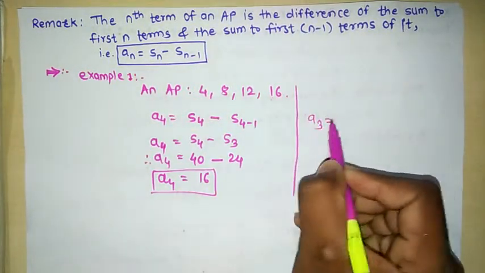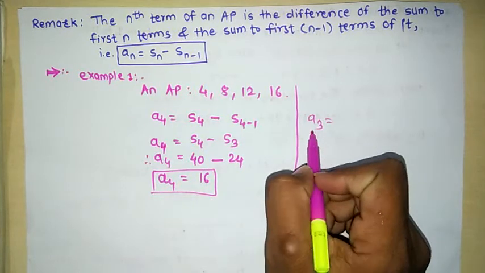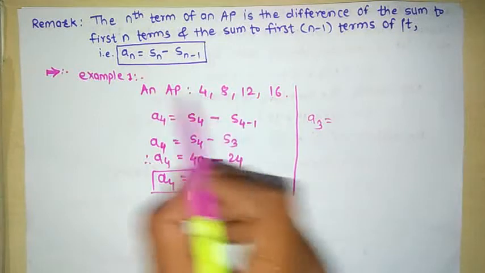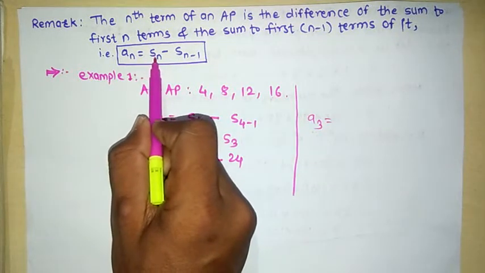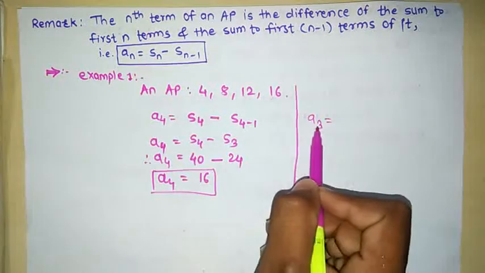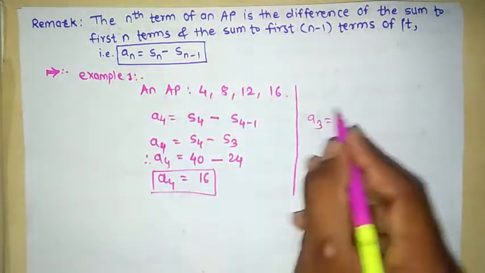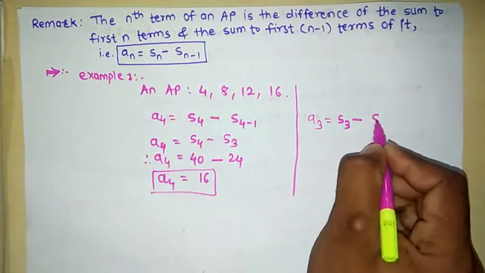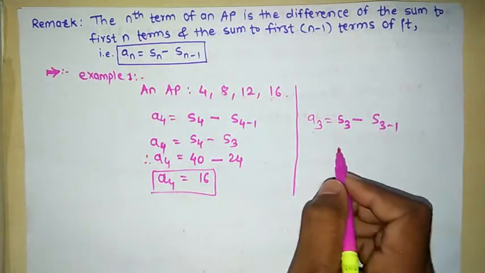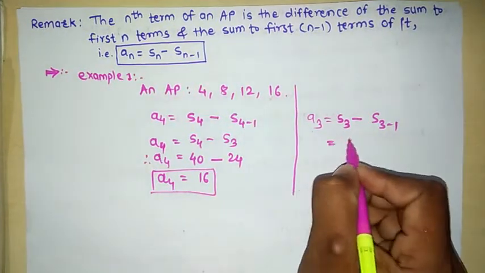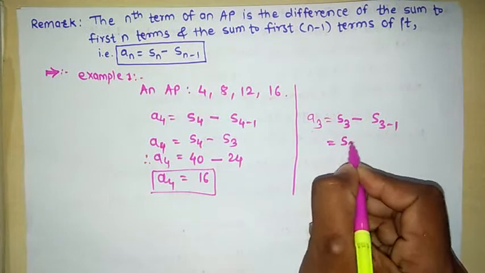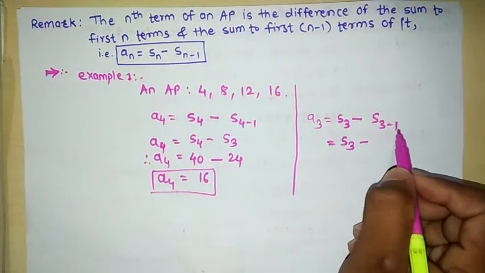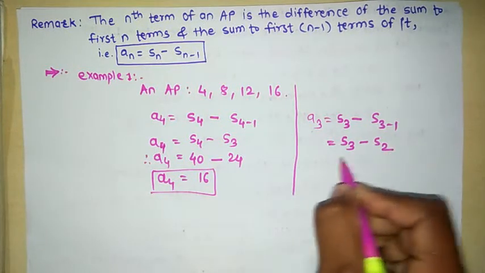Now you can calculate A3 also. Check for A3. We can apply the formula for the third term, which is 12. What is the formula? Sum of the n terms means we are going to calculate the third term, therefore the sum up to the third term, that is S3, and second will be S3 minus 1, that is the sum of n minus 1 terms. Therefore, the sum of the first 3 terms minus the sum of the first 2 terms.